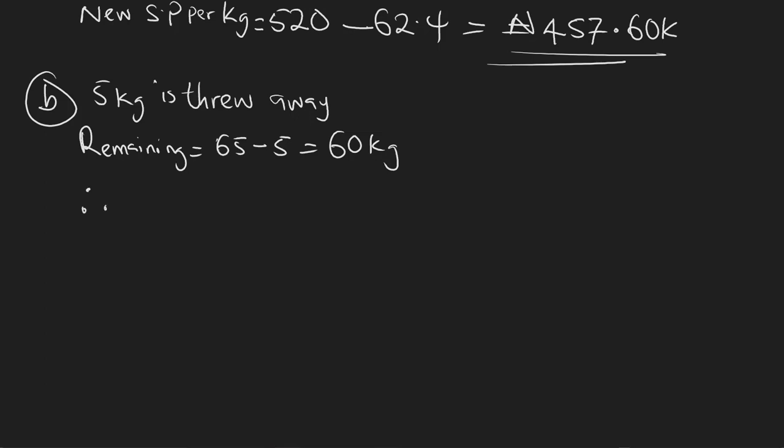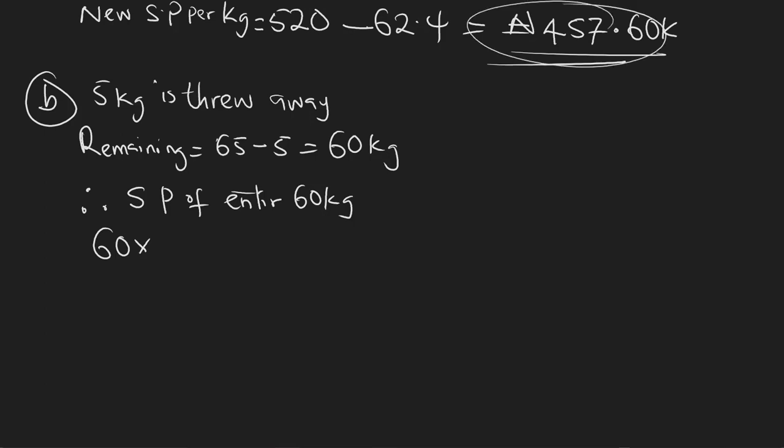So now the selling price of the entire 60 kg will be what? The selling price of the entire 60 kg is actually going to be the 60 kg times the new selling price per kg, which is 457.60, right?